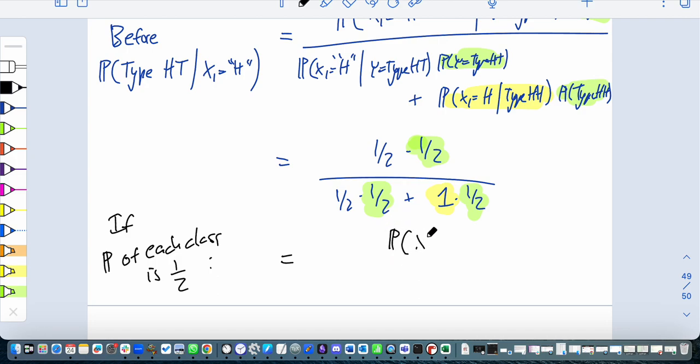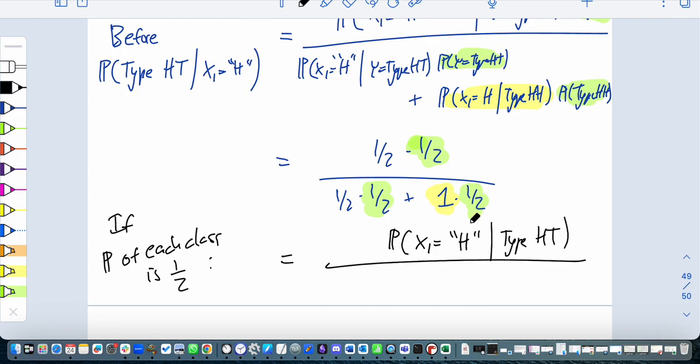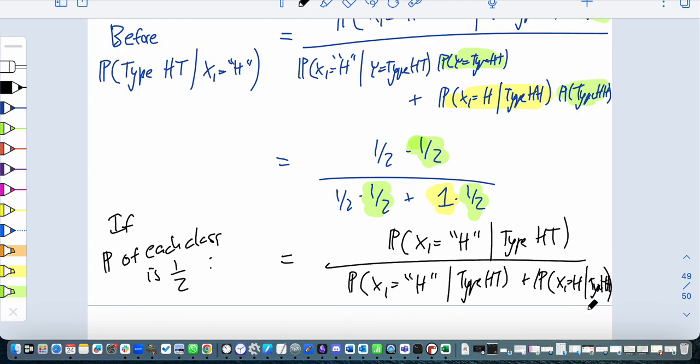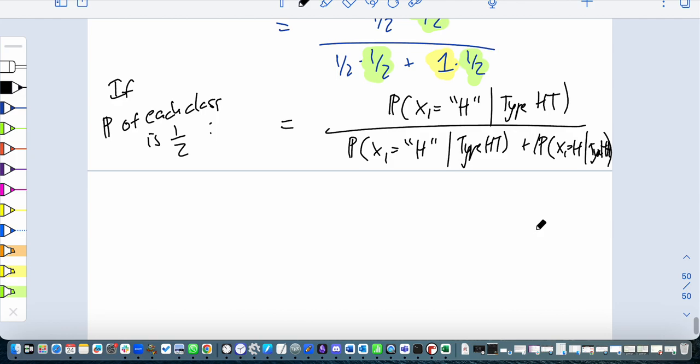The probability of x1 equals heads, given type heads, tails, divided by the probability that x1 equals heads, given type heads, tails, plus the probability that x1 equals heads, given the other type, heads, heads. Okay, and we saw that if it's not a half, then you end up with a factor of log p over 1 minus p. But for simplicity, let's make this factor a half.